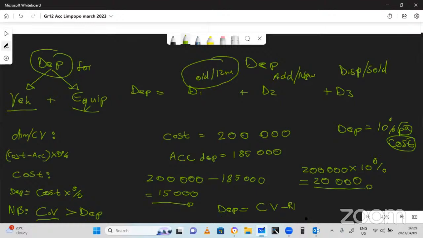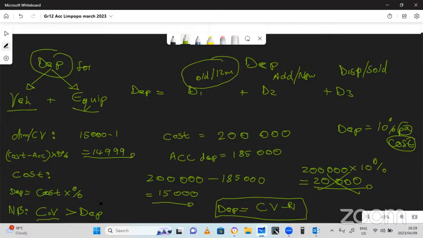We don't use the 20,000, because the depreciation cannot be greater than this. So the depreciation for this asset will be 15,000 minus R1, which gives us 14,999 rand.